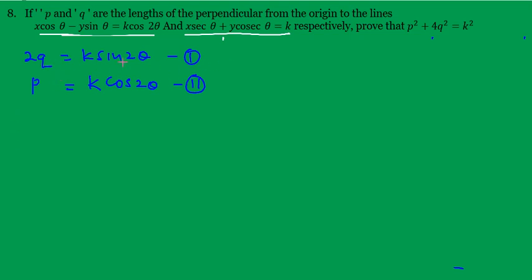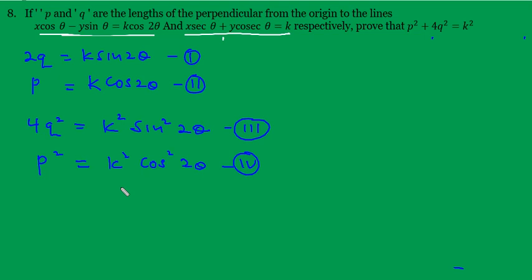So I'm going to square both sides for equation 1. I'll get 4q squared equaling to k squared sine squared 2 theta. This is a technique we normally use when we have sine and cos, because you know sine squared plus cos squared gives us a 1. So similarly, this is now equation 3. I'm going to square this second equation. It will be p squared giving us k squared cos squared 2 theta. So now to add these two equations, I'll be having k squared as a factor.